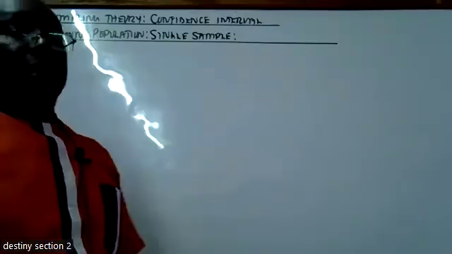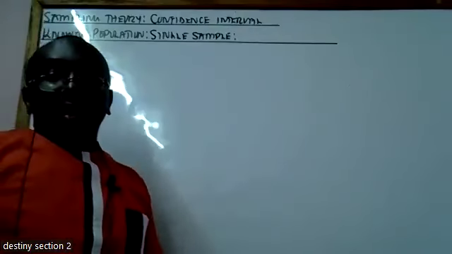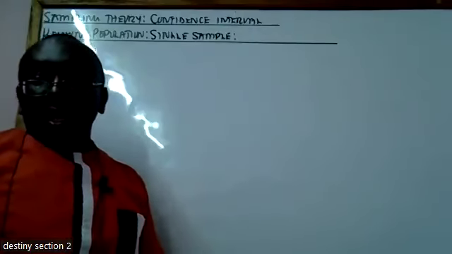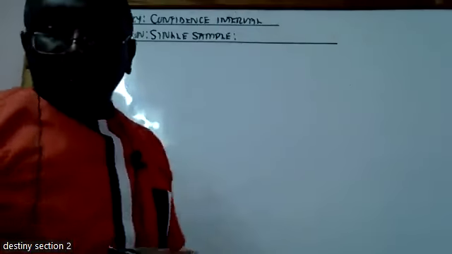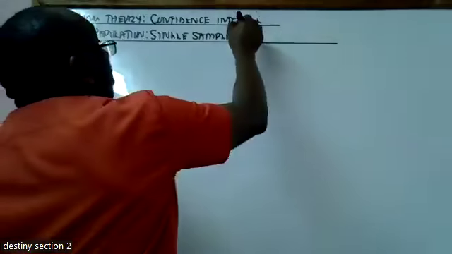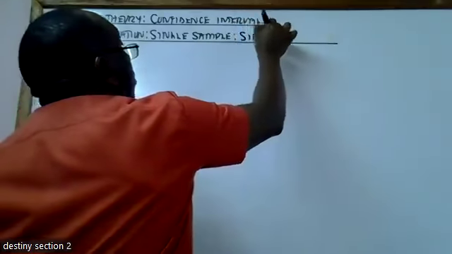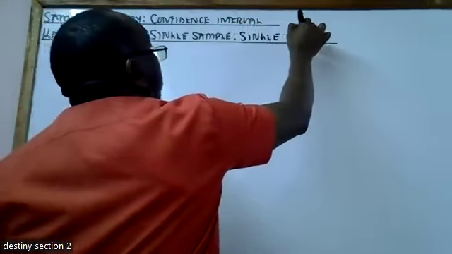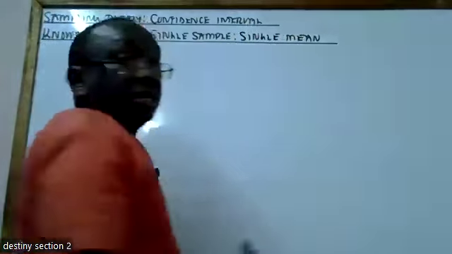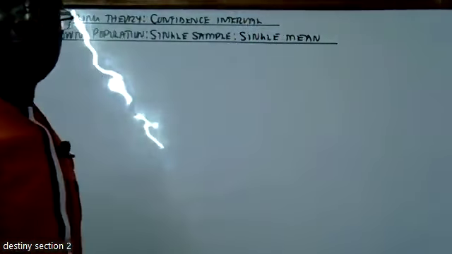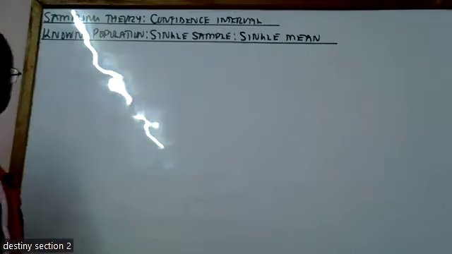The next one is whether you are dealing with the mean or with the proportion. And you can see this question is about the mean. So it's a question of single mean.